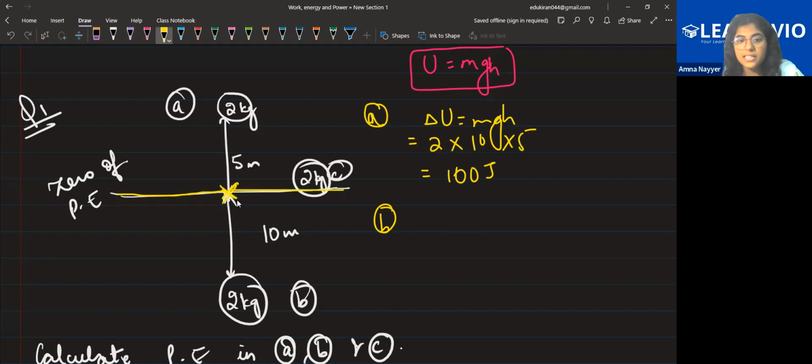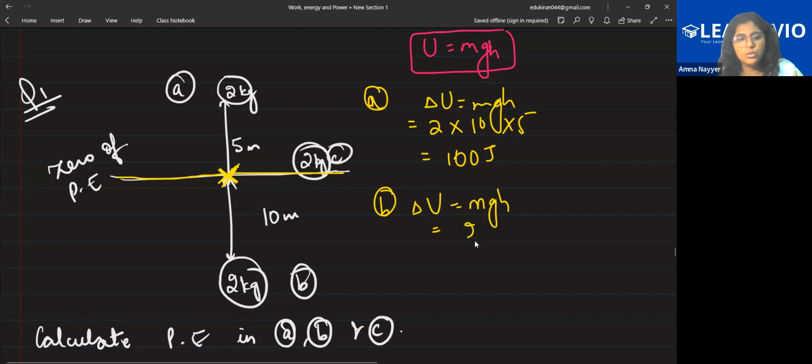So this is minus 10. The same formula, mgh, is present, but the height here is minus 10. So 2 into 10 into minus 10, which means the potential energy will be minus 200.